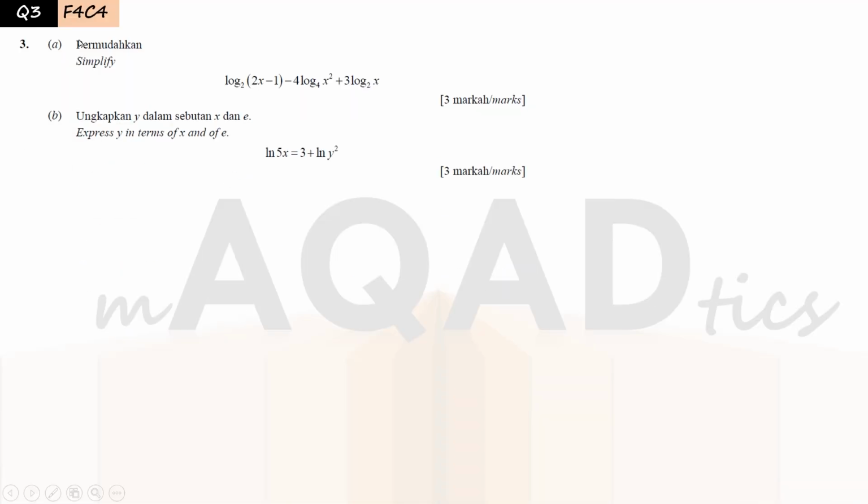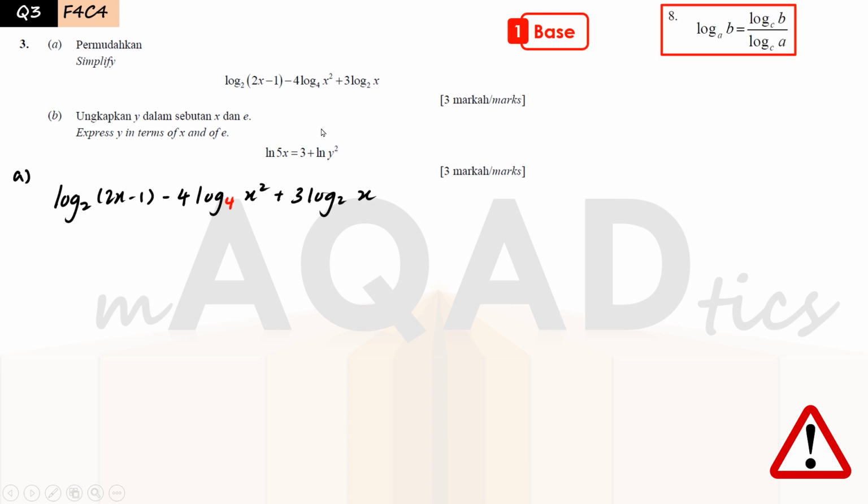For the next question, we are still at the same chapter, but now it's just focusing on logarithms. In part A, we need to simplify these 3 logs, and now I'm going to introduce you all a way which helps you to solve any kind of logarithm question by using this 3-step method. The first step is to change the base.